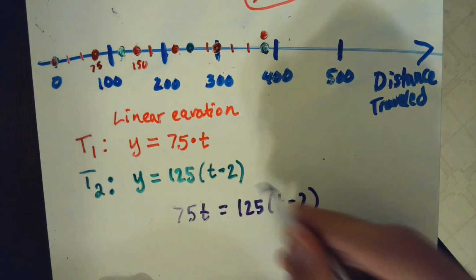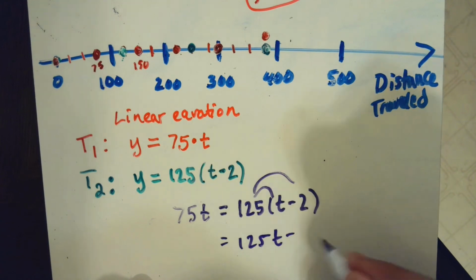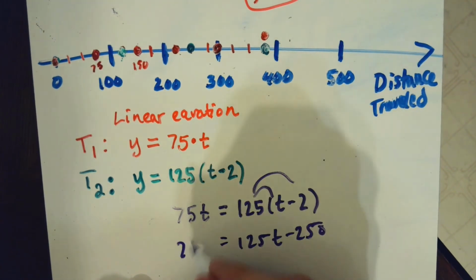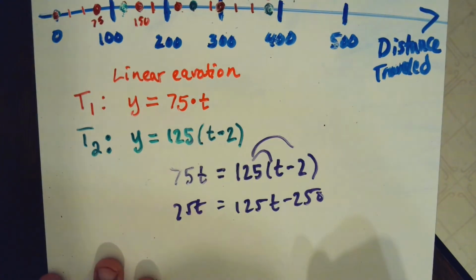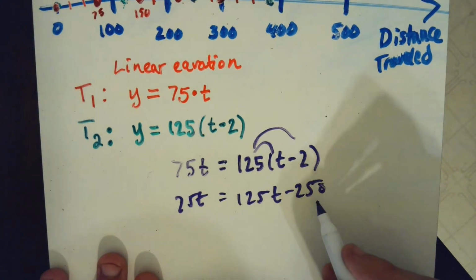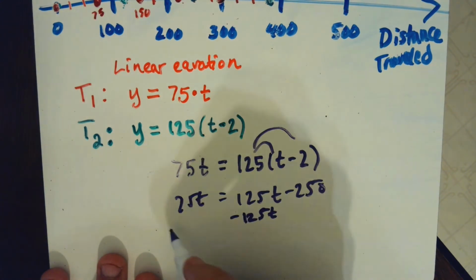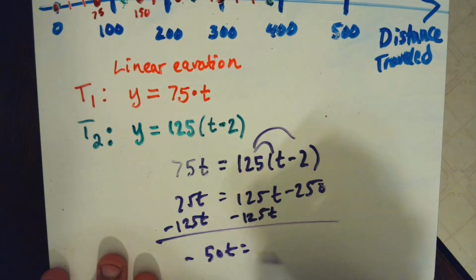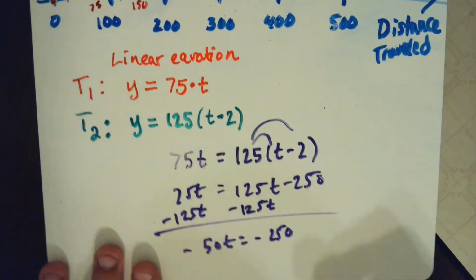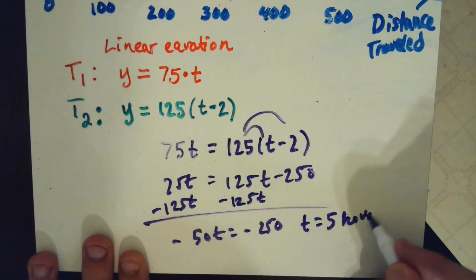We solve this equation by distributing, leaving us with 125t minus 250 and 75t on this side. And then after a little bit more rearranging, say subtracting this from both sides, leaves us with minus 50t equals minus 250, and so t is just 5 hours.